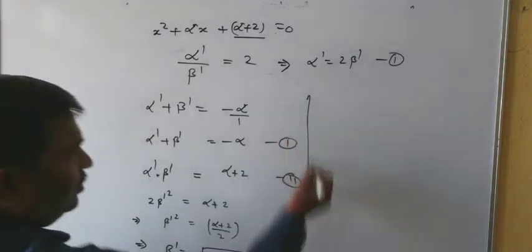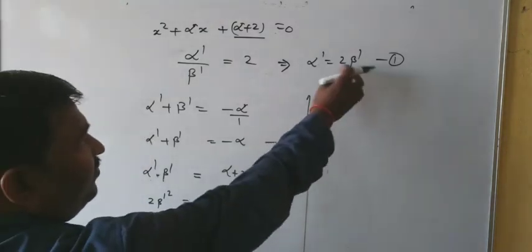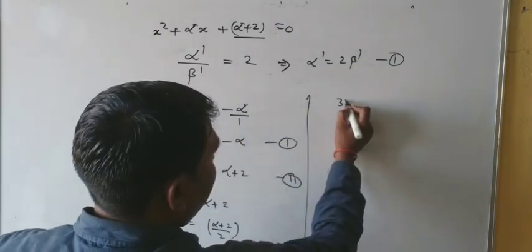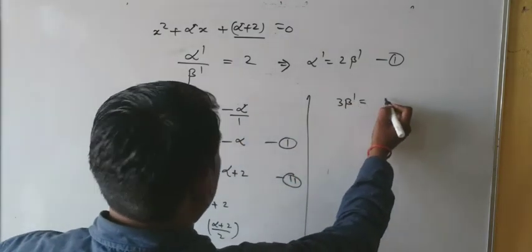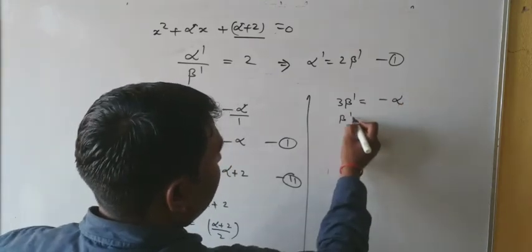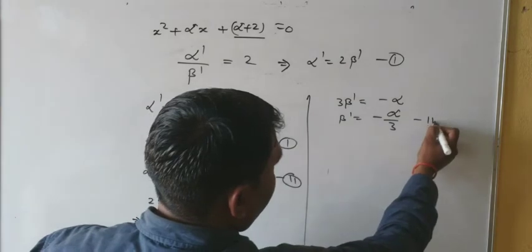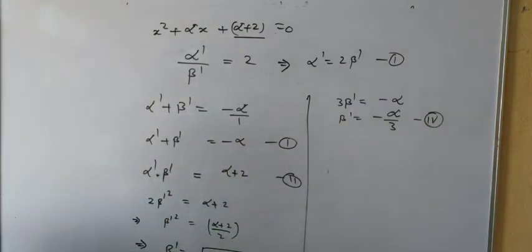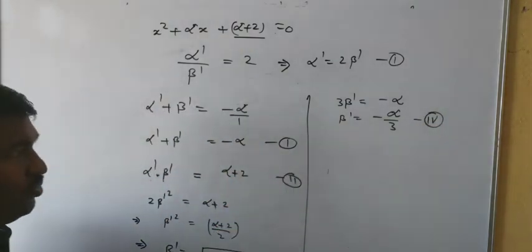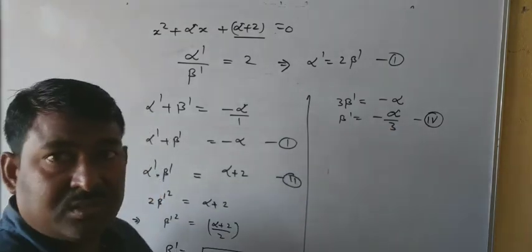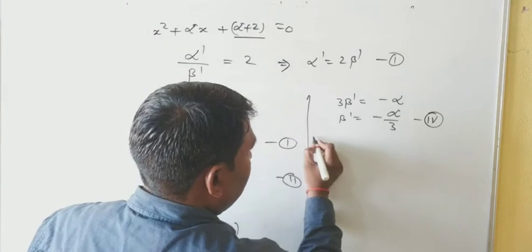Putting the value of alpha dash is equal to 2 beta dash in equation 1, you get 3 beta dash is equal to minus alpha, or beta dash is equal to minus alpha by 3, equation 4. See, equations 3 and 4 both give the value of beta dash, so they must be equal.